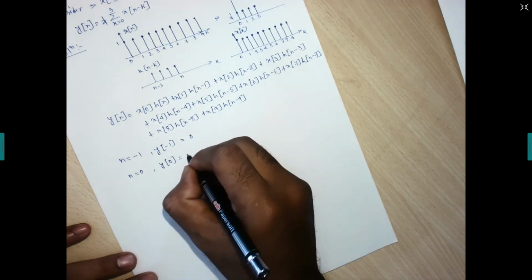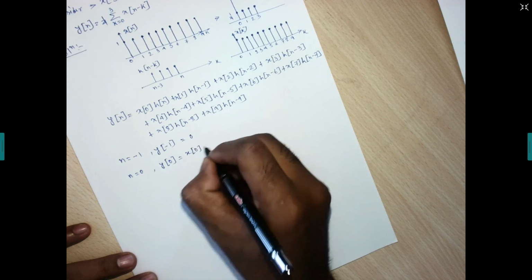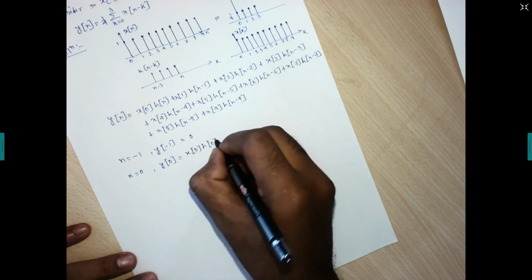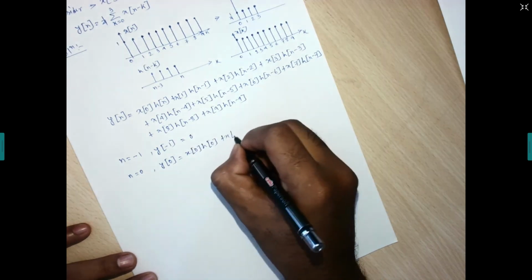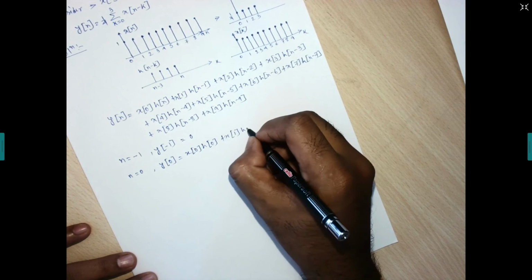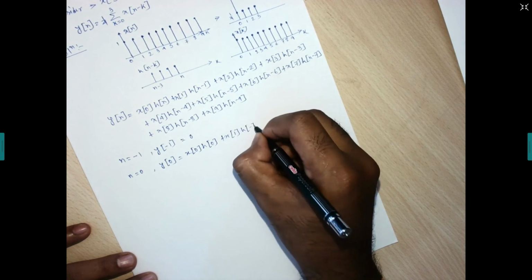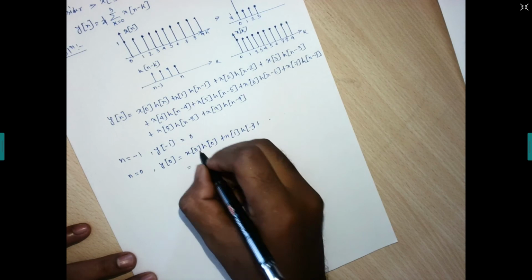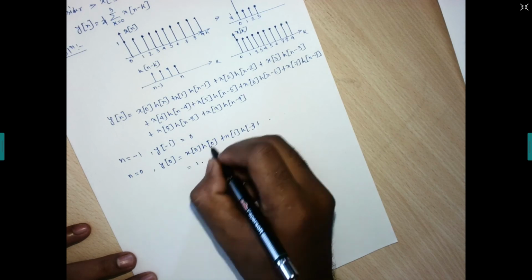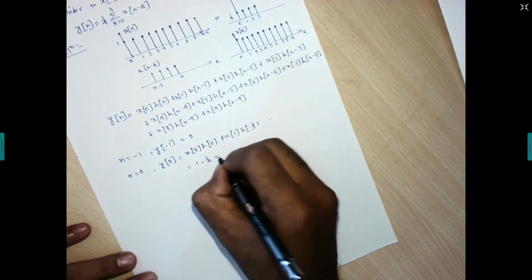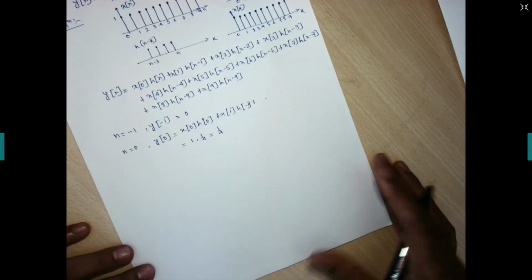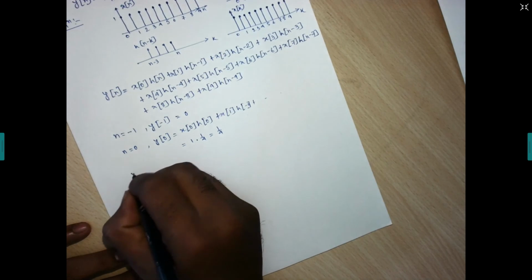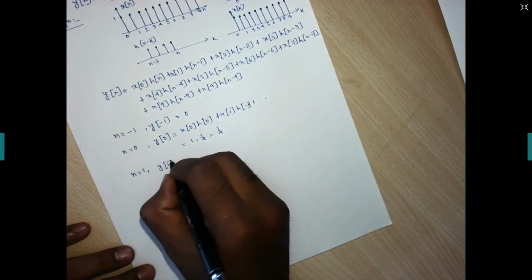So that will be x of 0, h of 0, x of 1, h of minus 1, and like this. But this one is 0. So we need to take x of 0 is 1 and h of 0 is 1 by 4, that is 1 by 4, right?